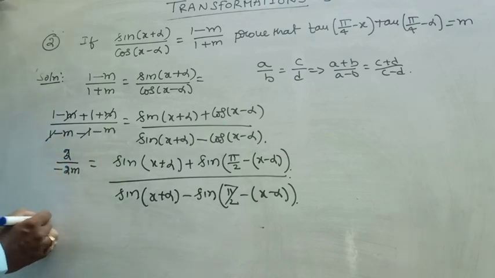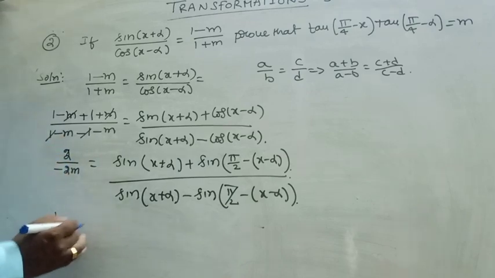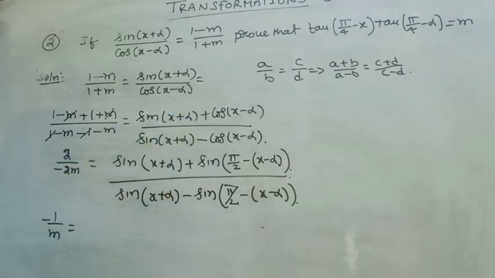2 will cancel. Now this is minus 1 by m is equal to sin C plus sin D, like this. Right? Sin C plus sin D is what? 2 sin (C plus D) by 2 cos (C minus D) by 2.